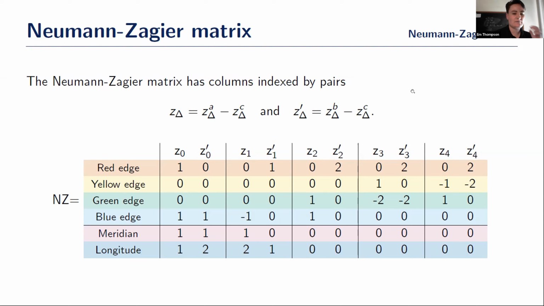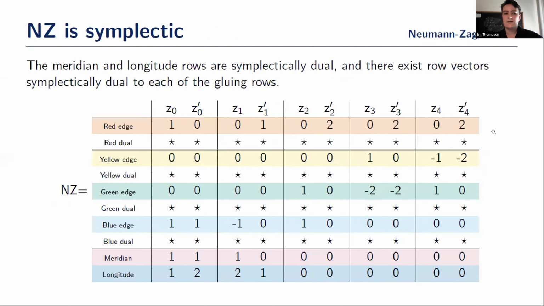But the nice fact here is that this matrix has symplectic properties. What I mean by that is there's a way to extend it so that it is a symplectic matrix. Each row has a corresponding pair such that the pair is symplectically dual to each other.